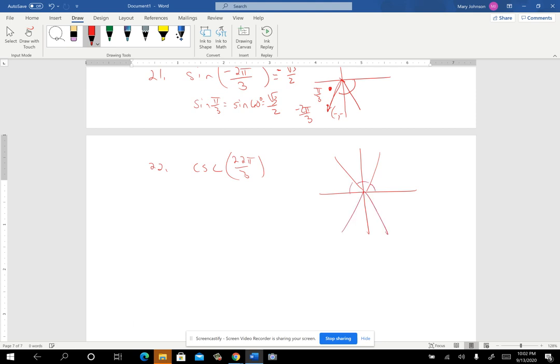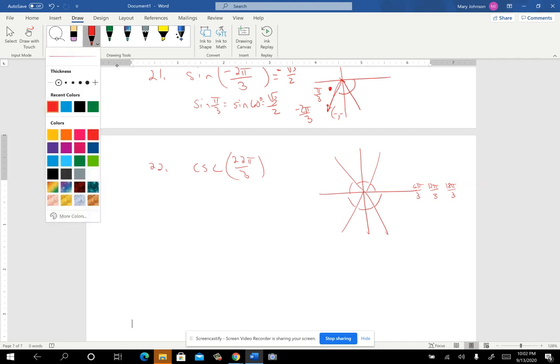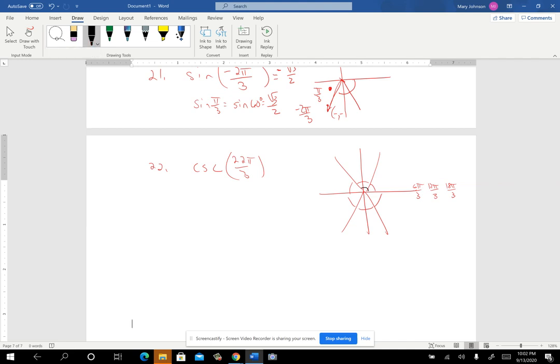So 1, 2, 3, 4, 5, 6 would be all the way around once. If I go all the way around a second time, I'd be at 12 pi over 3. Third time would be 18 pi over 3. So it's like this angle. You've gone around once, twice, 3 times. That's at 18 pi over 3.